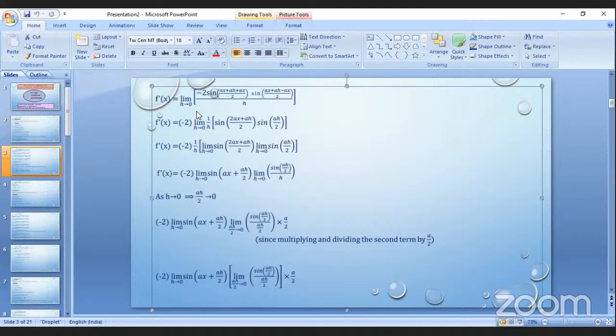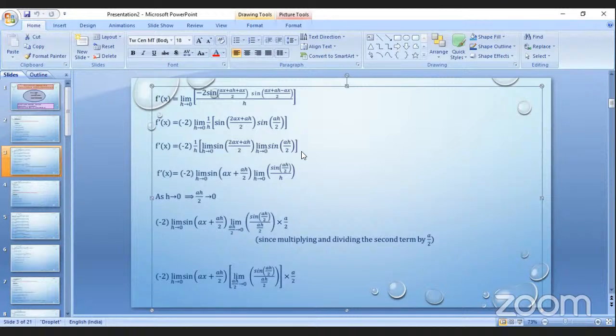So f dash x equal to minus 2 into limit h tends to 0, 1 by h into sine of (ax plus ax is 2ax, plus ah as it is) by 2, into sine of (ax minus ax get cancelled, remaining ah) by 2. So f dash x equal to minus 2 into 1 by h, limit h tends to 0, sine of (2ax plus ah) by 2.